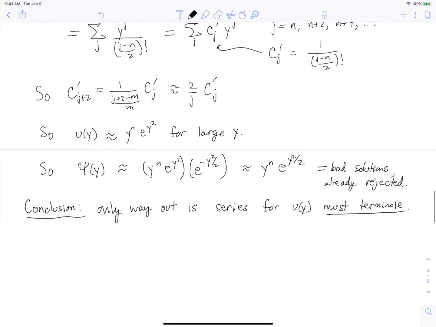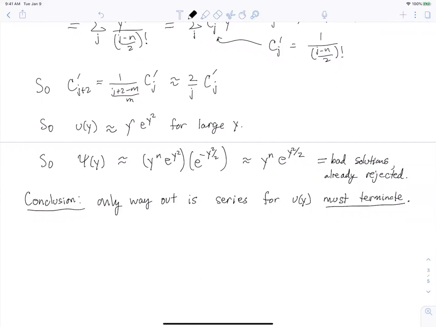And when we do other problems, for example, the hydrogen atom, we're going to find exactly the same thing happening over and over again. This is a very common theme: you write down what looks like an infinite series solution. You find out that if it really is an infinite series solution, then it can't work for one reason or another. Therefore, it can't be an infinite series, and it must terminate and actually be a polynomial. And so that's what's going to happen here.